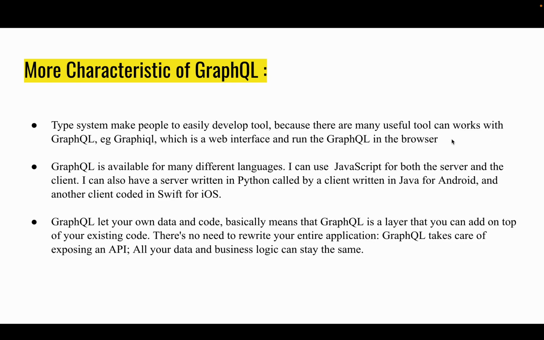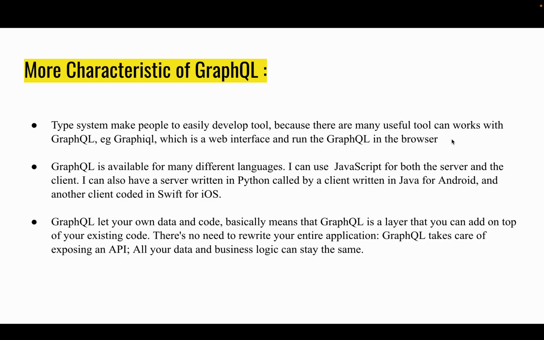Let's talk about more characteristics of GraphQL. In GraphQL, the type system makes it easy for people to develop tools, because there are many useful tools that work with GraphQL. For example, GraphiQL, which is a web interface that runs GraphQL in the browser, which I will show you in the second part, the demonstration.